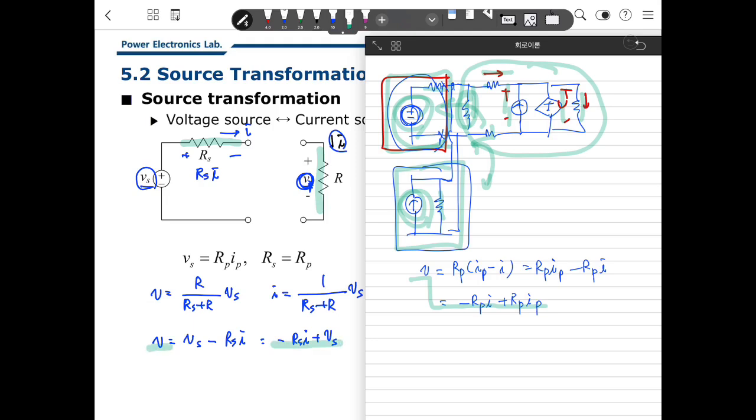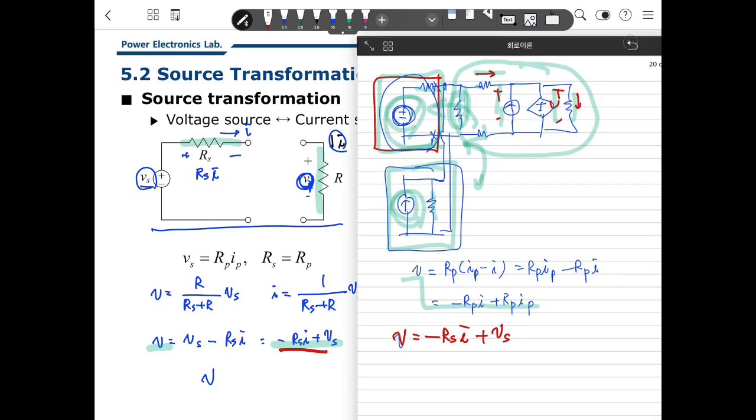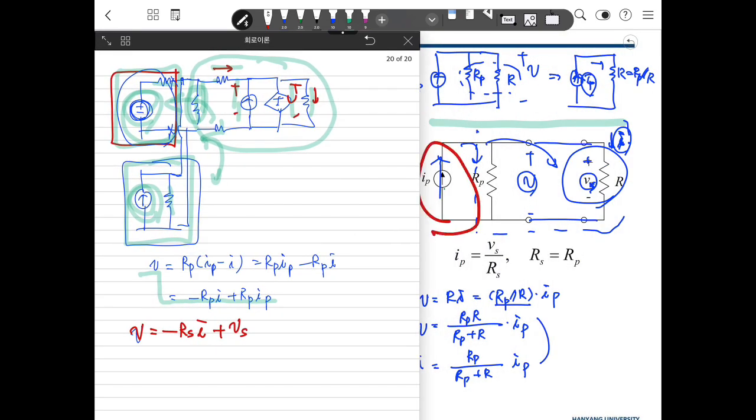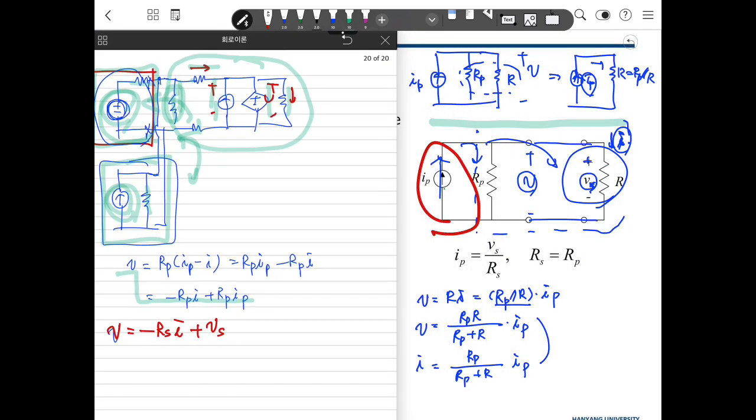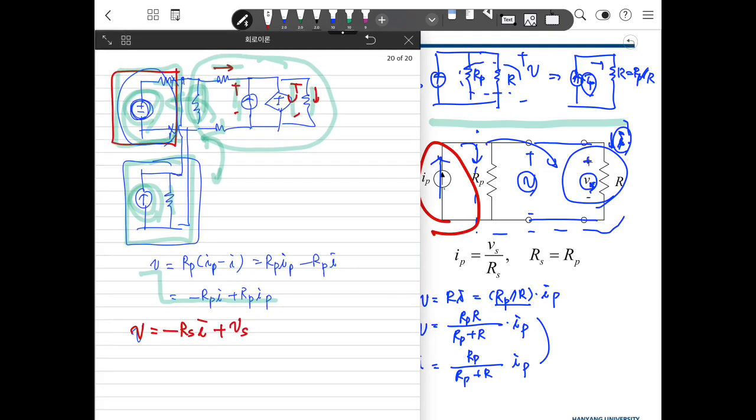In the first case, V is minus Rs I plus Vs, and in this current case, V is minus Rp I plus Rp Ip.